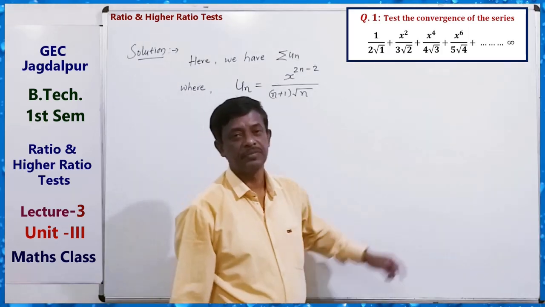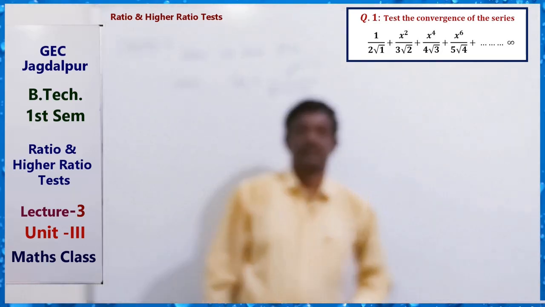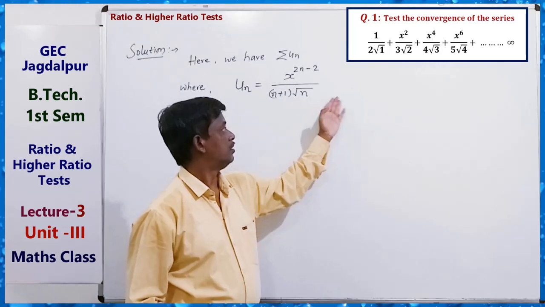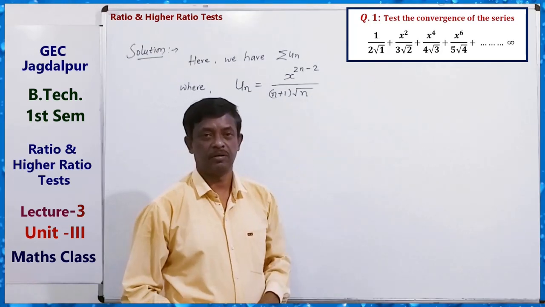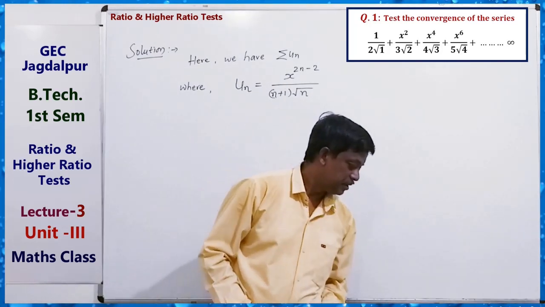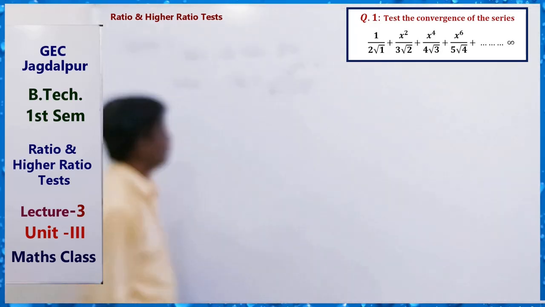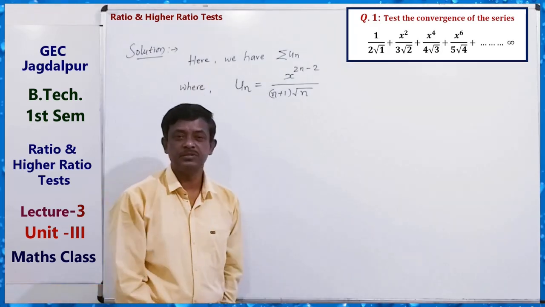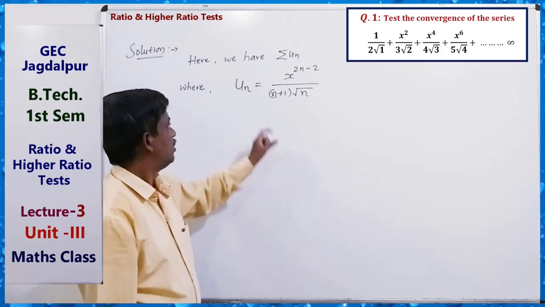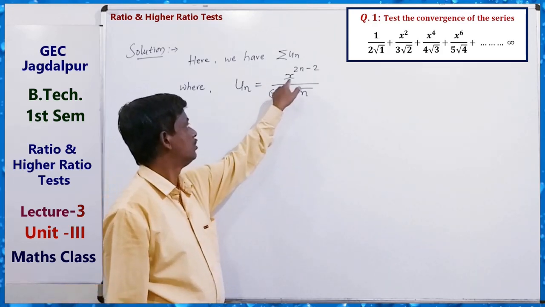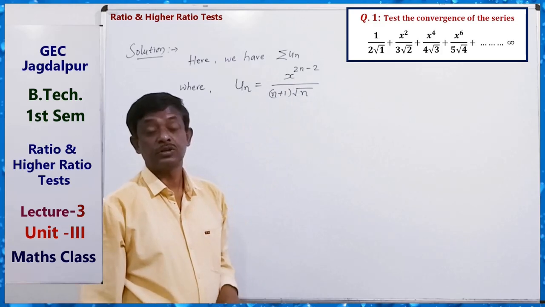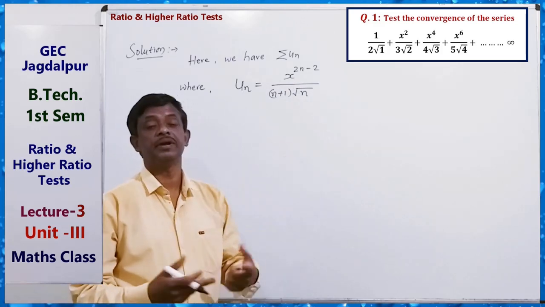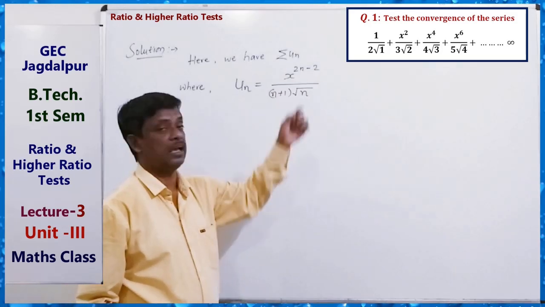This can be the nth term of the given series. In this series we see that the nth term also includes x, so convergence or divergence of this series will depend on the value of x.